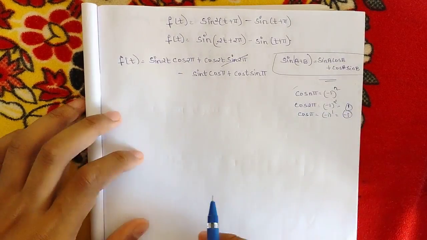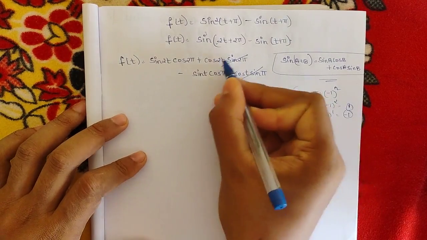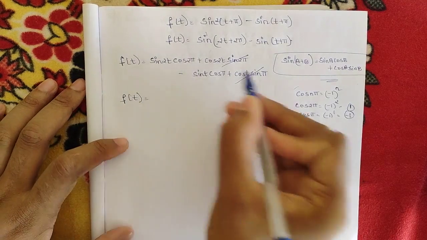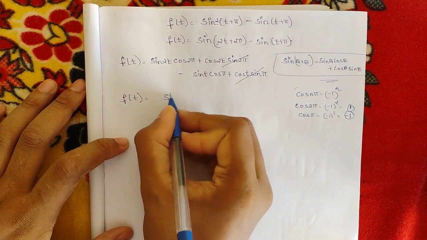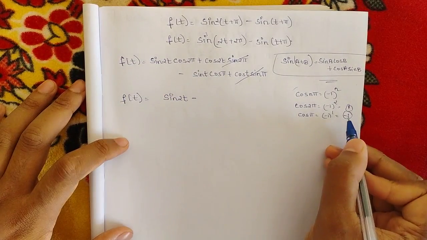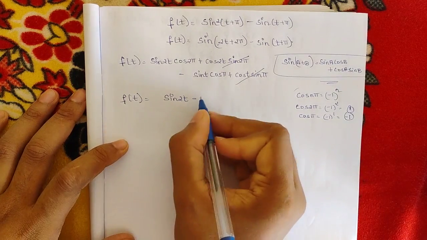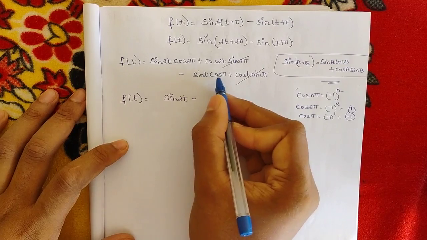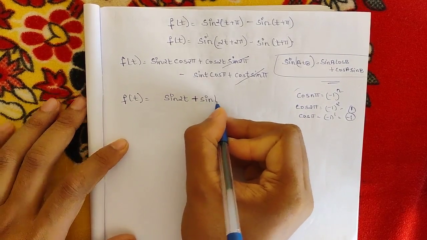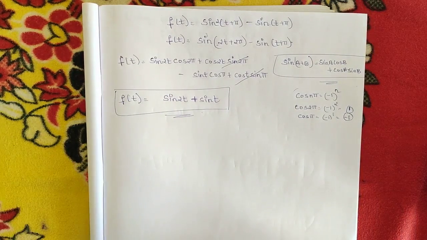Substituting, and sin 2 pi is 0 as well as sin pi is also 0, so these two terms go, so we are left with f of t equal to cos 2 pi, which is plus 1, so sin 2t is left, and minus cos pi, which is minus 1, so minus sin t into minus 1, that is plus sin t. So this is our required f of t.